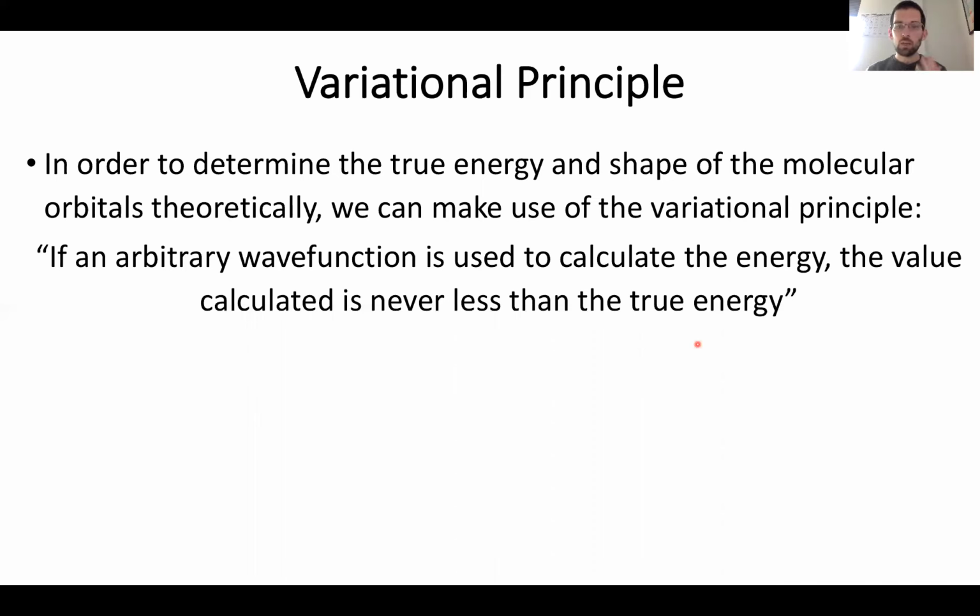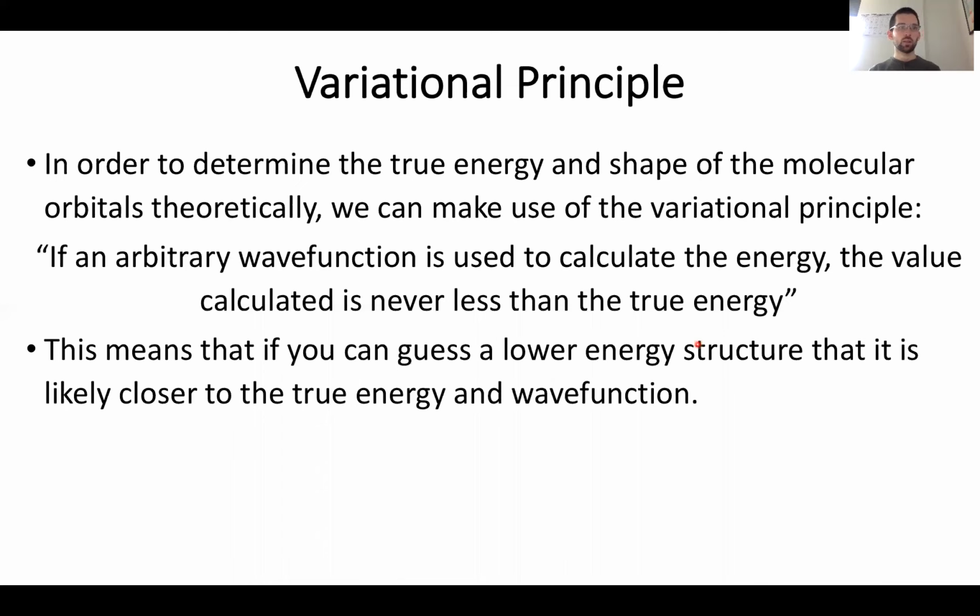But principally what it means is that if I take a wave function and I guess a lower energy structure, so I have a function, I guess a new function, and that second function has a lower energy, that second function is likely going to be much closer to both the true energy and the true wave function. This is a really big idea when I'm trying to figure out what my system really looks like, that I can essentially make it work by continuing to guess until I get the energy to a minimum value.